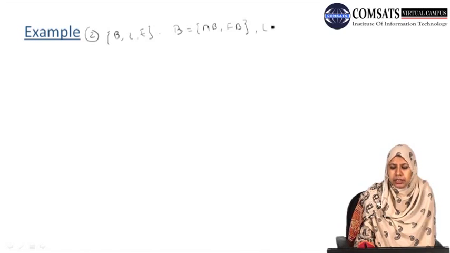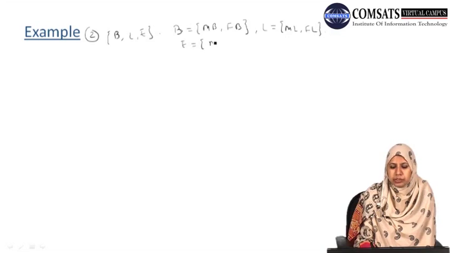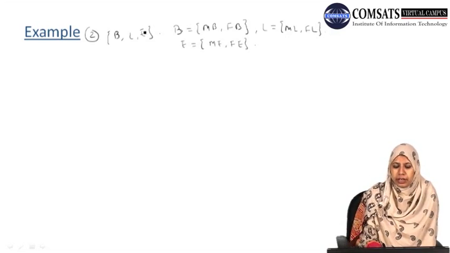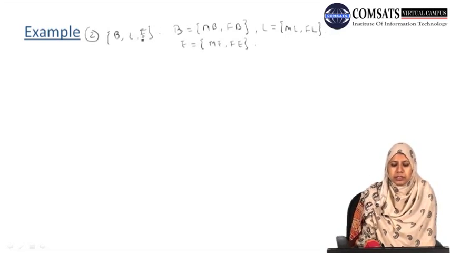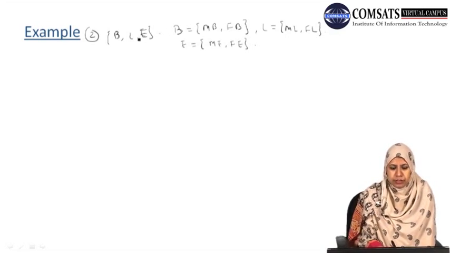The event L contains the sample points male student studying law, female student studying law, and the event E contains the sample points male student studying engineering and female student studying engineering. And we are asked to find whether this collection of events is mutually exclusive or collectively exhaustive.